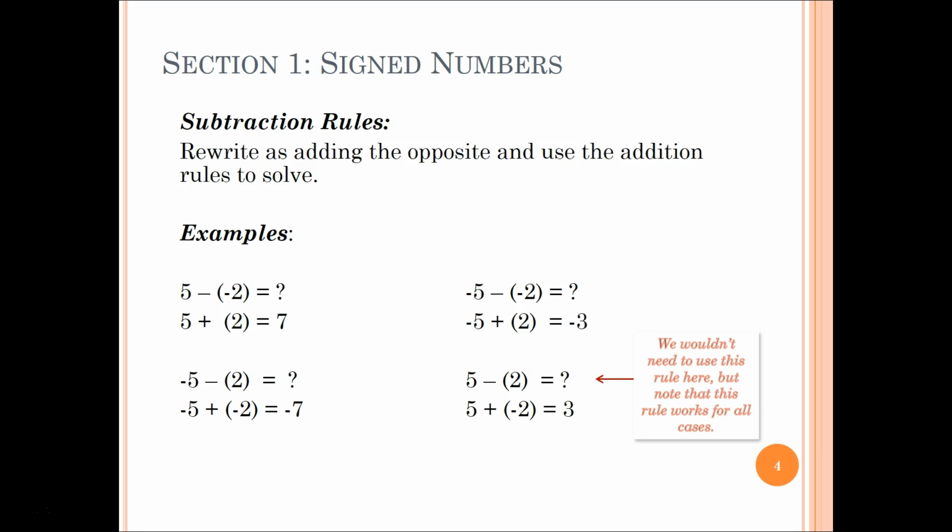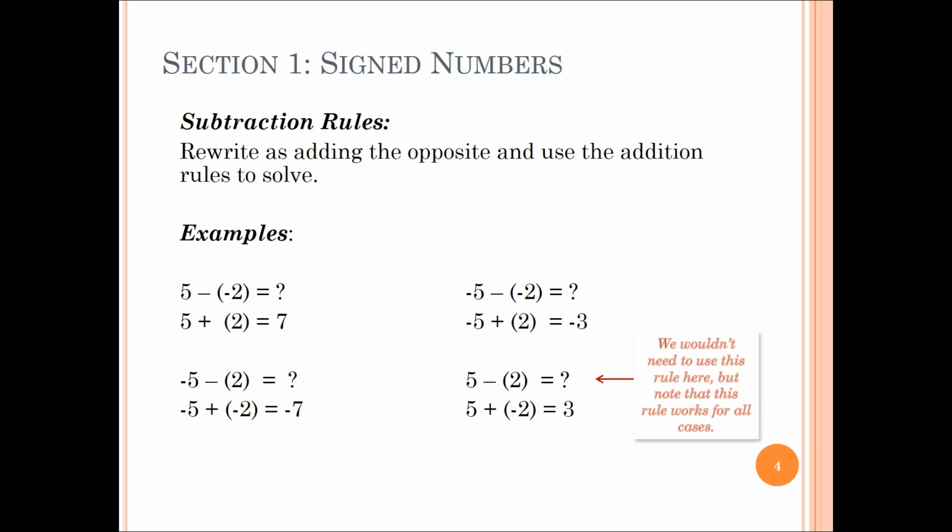So when it comes to subtraction rules, subtraction is a little bit more work than addition and can be a little bit more challenging. So what's been found is that, just like we've talked about in the past, when we divide, it's the same thing as multiplying by the reciprocal, and we can rewrite division of fractions in terms of multiplication to make life easier. Well, we can do this with subtraction as well. So we would use these techniques that I'm going to talk to you about if we weren't using the calculator to perform these functions.